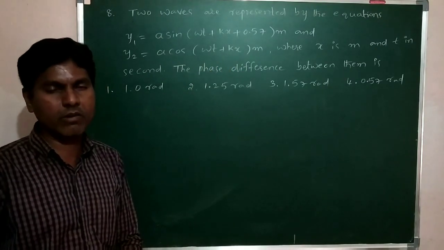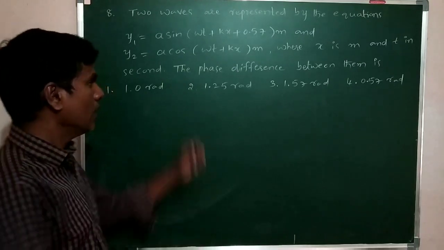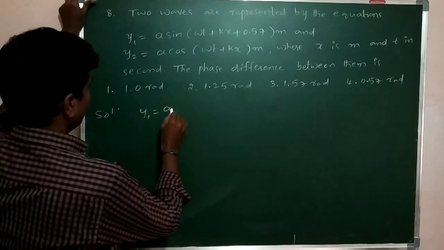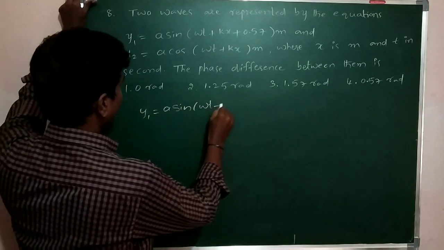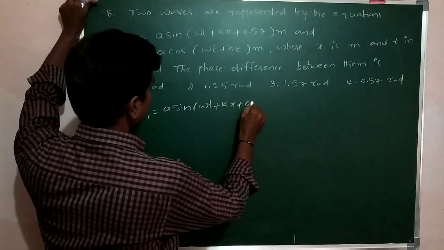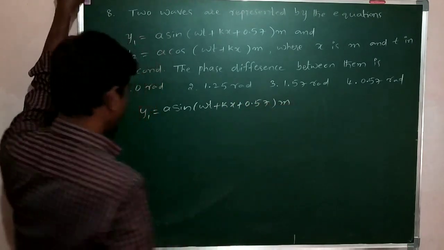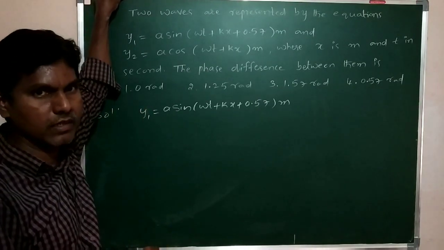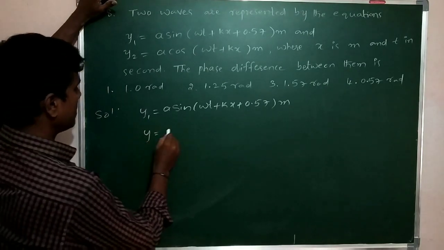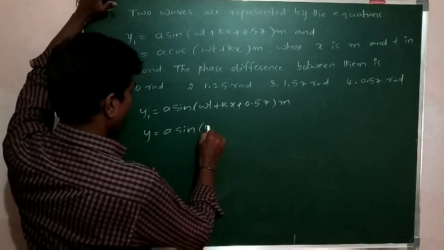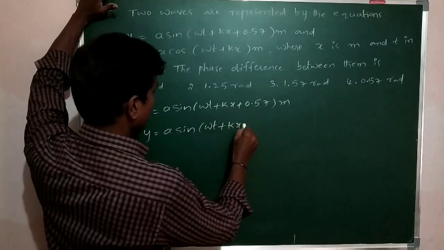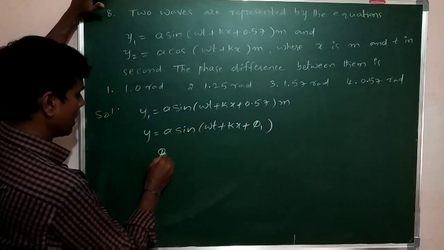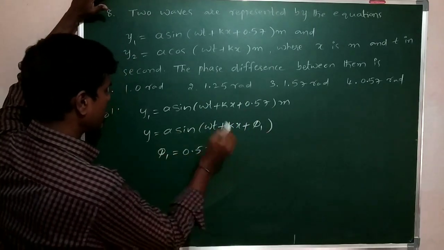The given equation y1 = A sin(ωt + kx + 0.57) is compared with the sinusoidal equation y = A sin(ωt + kx + φ). Here we consider φ1, so φ1 equals 0.57.